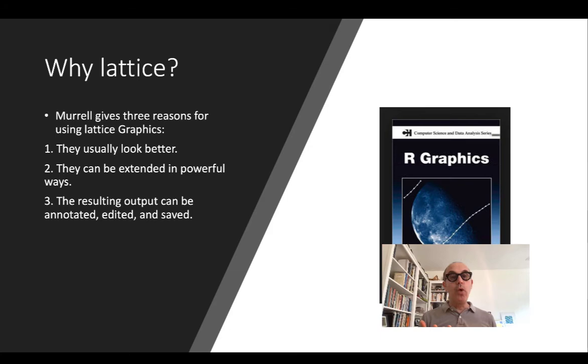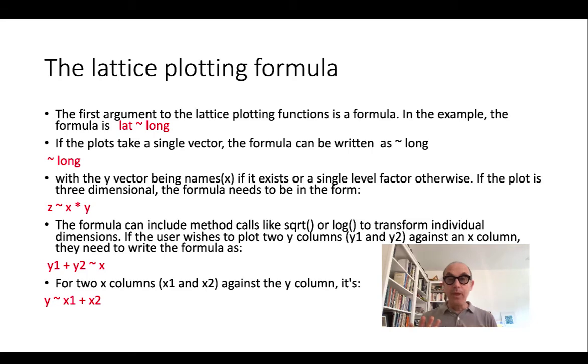It allows us to extend the powerful ways and ability to modify the result or give annotation to it, and something that is really accessible. The foundation of this package is based on the idea of a formula.